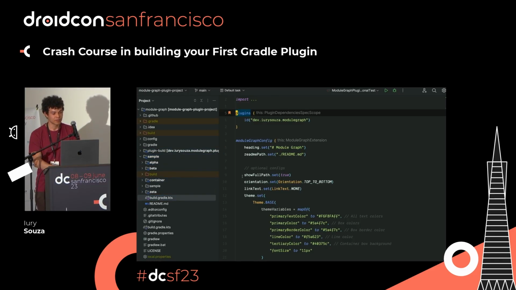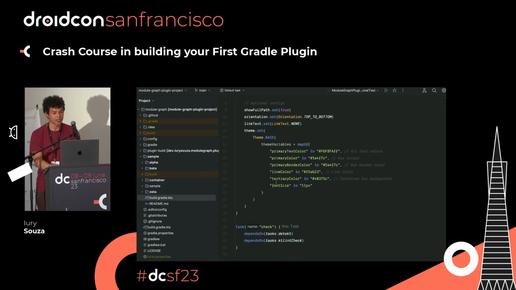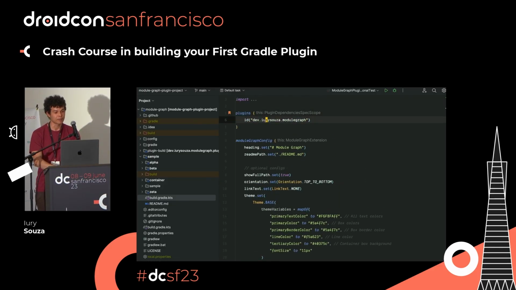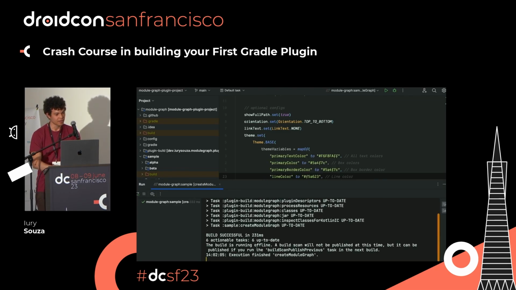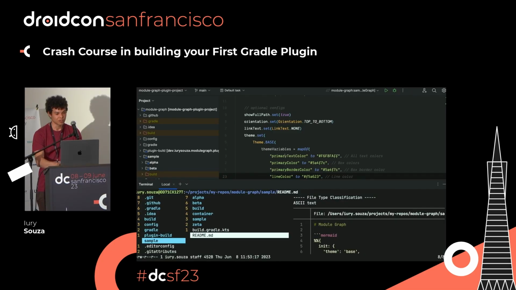This is a different setup, but the idea is that I can basically apply the plugin and configure it like I showed you guys, passing the configuration, and the task gets added, and I can run the tasks. If you're curious what that task does, here at the sample project there's a README file, right?